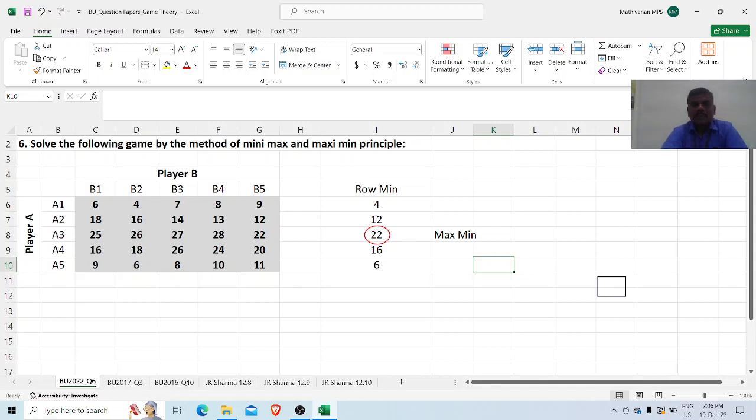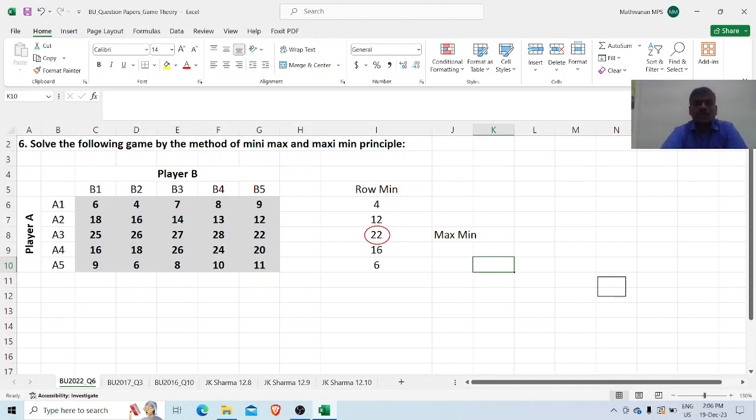That's why player A is taking a pessimistic approach of first identifying the minimum possible gains, then trying to maximize the minimum possible gains. This principle is called the max min principle.